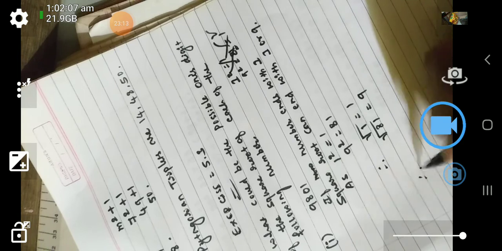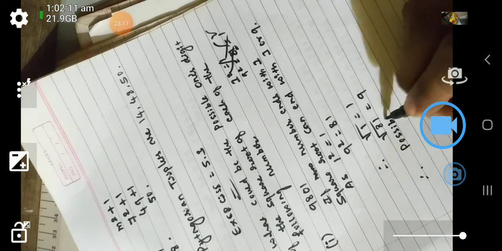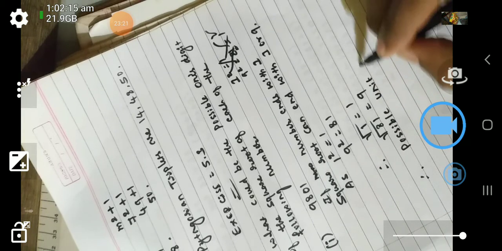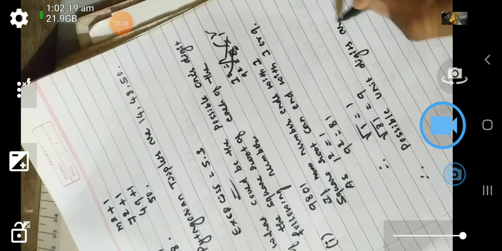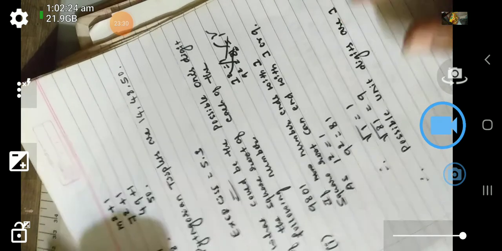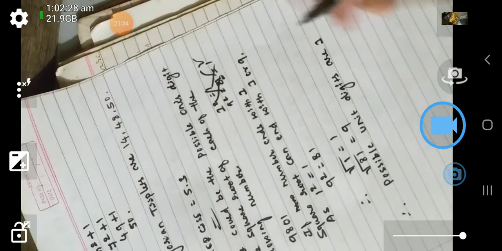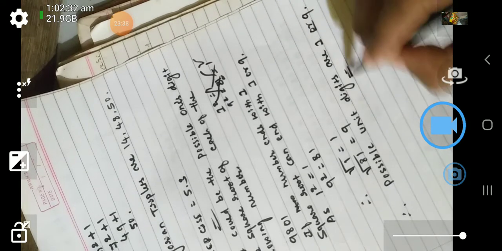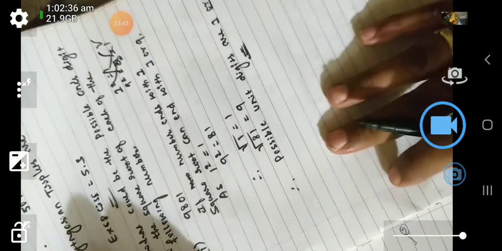Therefore the possible unit digits are 1 or 9. So this is the answer. Possible unit digits are 1 or 9. Let's try to do the second one.